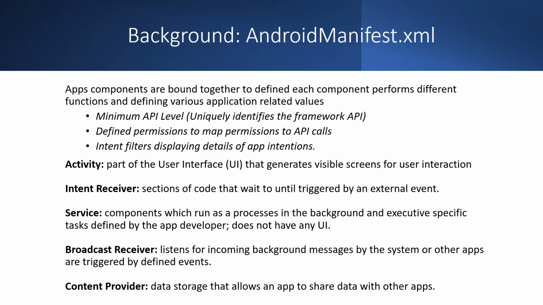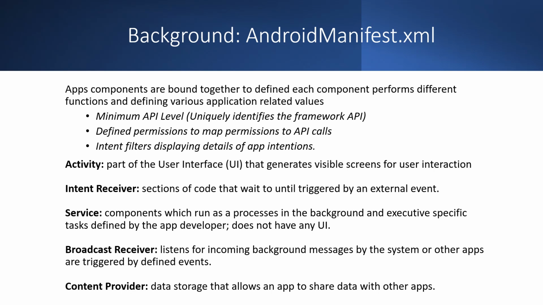The Android manifest components are bound together to define each component, each performing a different function, and defining various application-related values. This can include the minimum API level, defined permissions to map permissions to API calls, and intent filters displaying the details of app intentions.